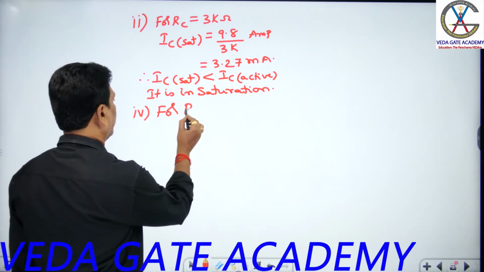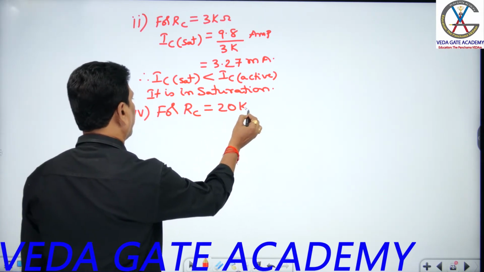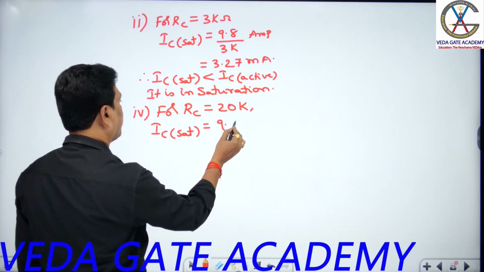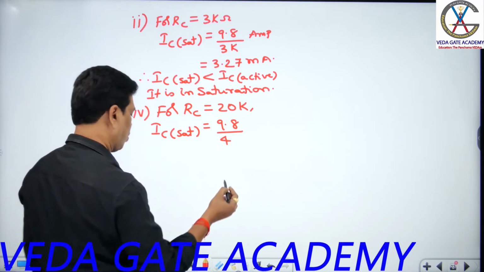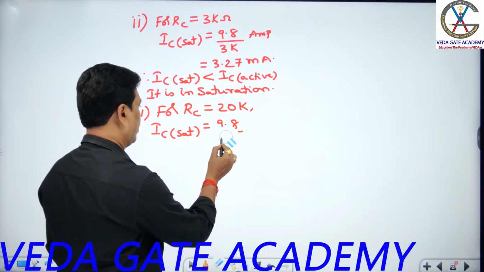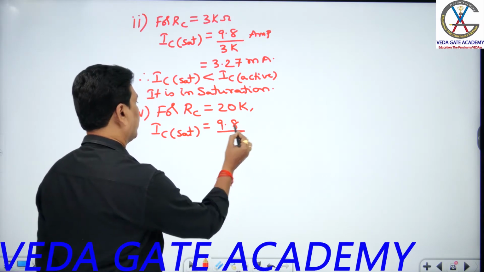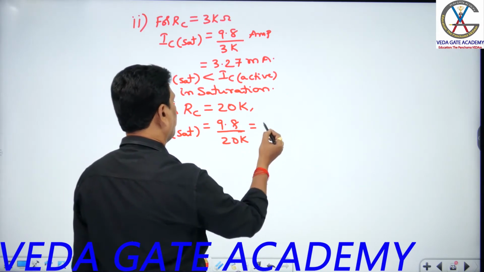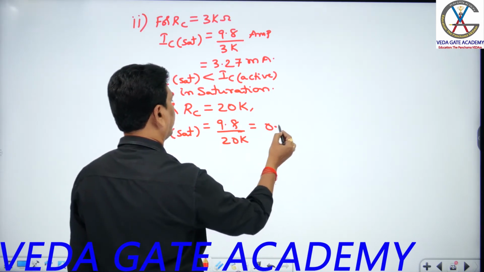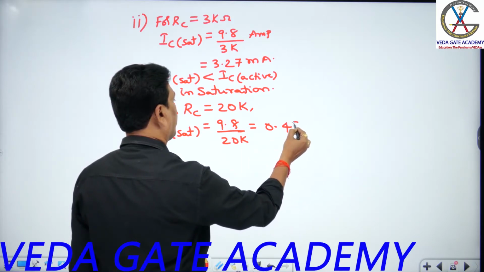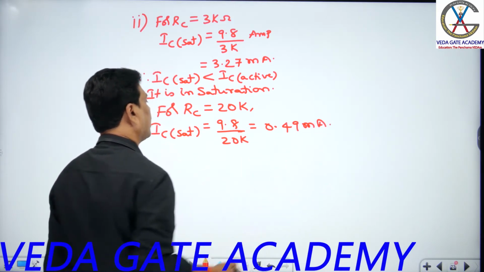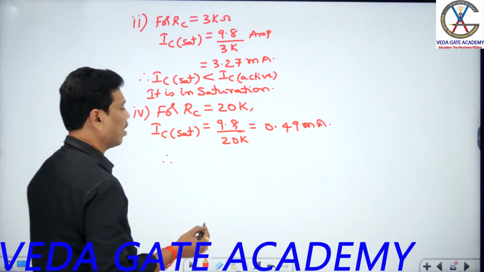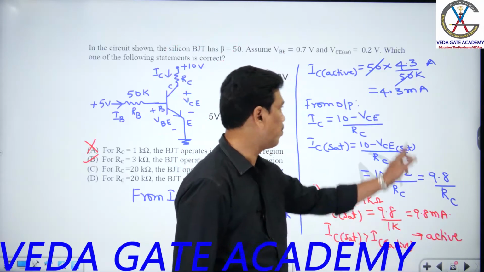For RC equal to 20 kilo ohm, IC saturation equals 9.8 by 20K, that becomes 0.98 by 2, that is 0.49 milliampere. IC active is already 4.3 milliampere.